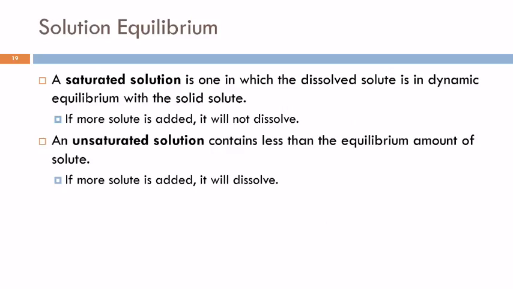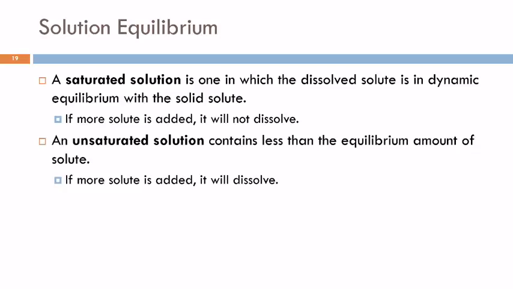We have some qualitative terms to describe solution. Saturated and unsaturated. So in a saturated solution, the word saturated implies that something is full, right? The solution is full. It can't hold any more.